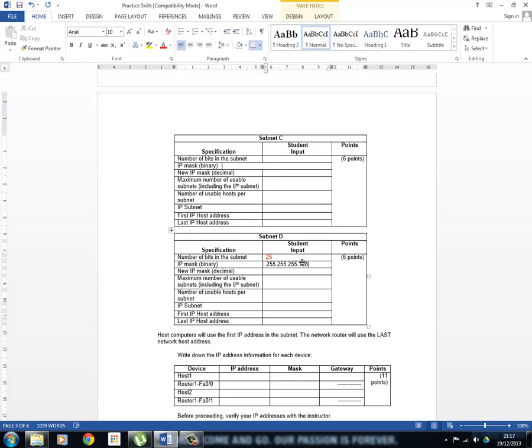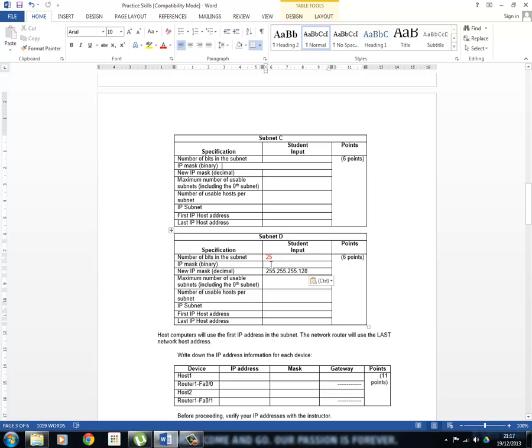If it was 2 bits, it would be the 128 and the 64. Okay, so that's the binary for the IP mask. New IP mask in decimal, okay, is this. Okay, let me just drop that down. I've just put it in the wrong place.